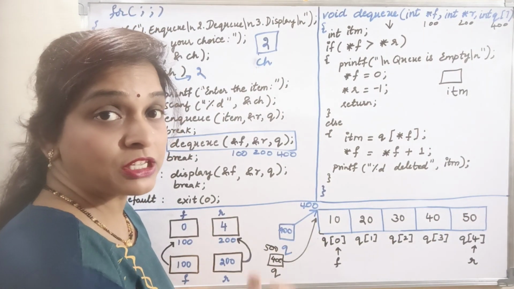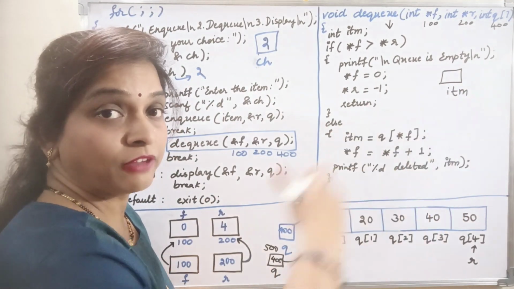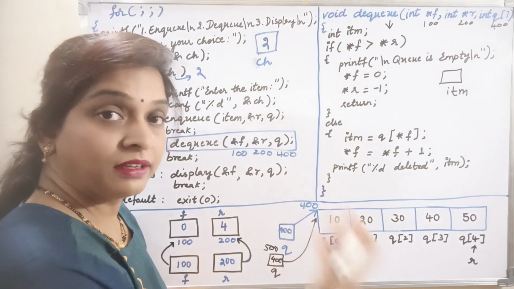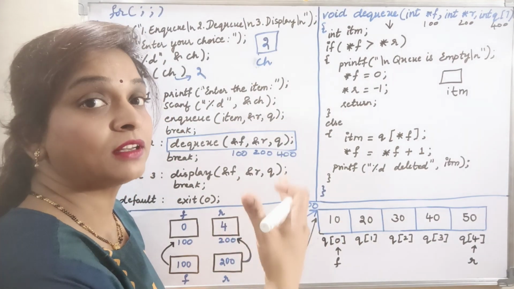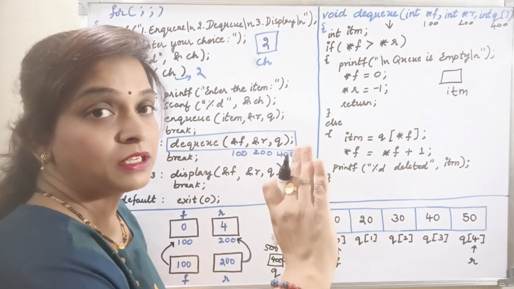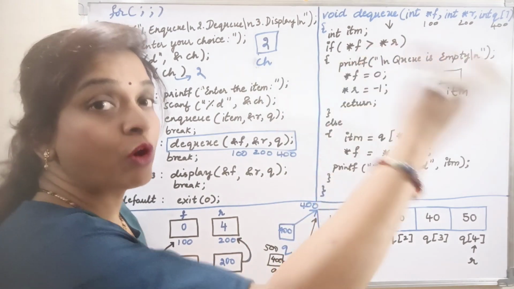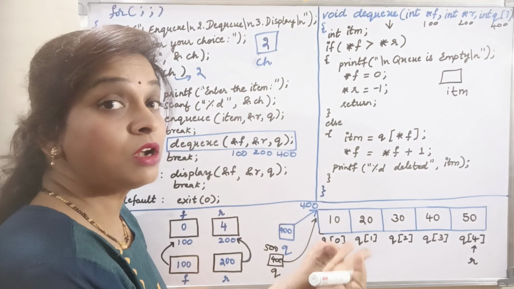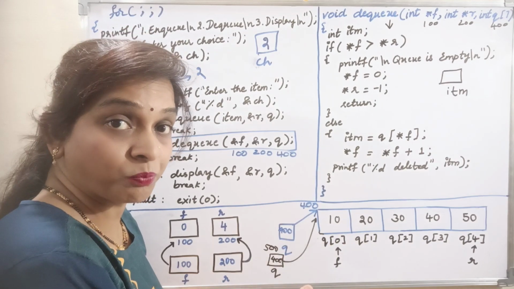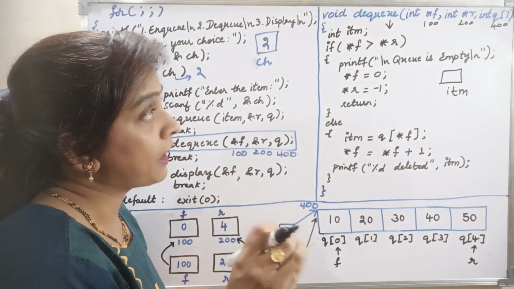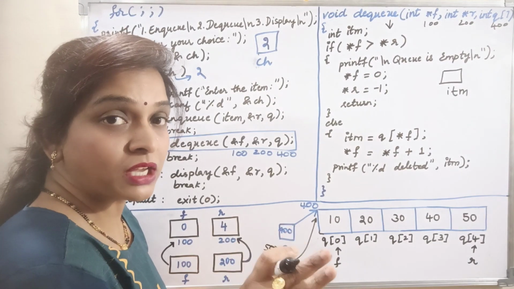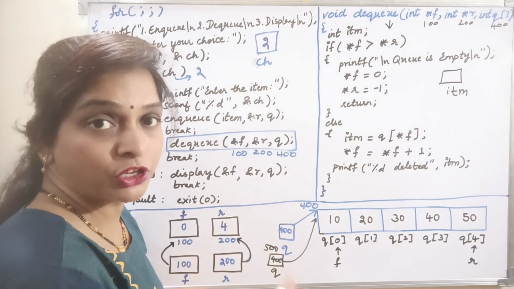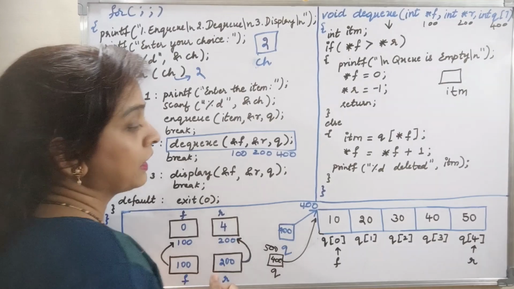If some items have already been deleted and the pointer has moved forward, it should be beyond r. When it goes beyond r, there is nothing inside the queue. So if pointer variable f is greater than pointer variable r, there is nothing to delete in the queue. So let us check the condition now.